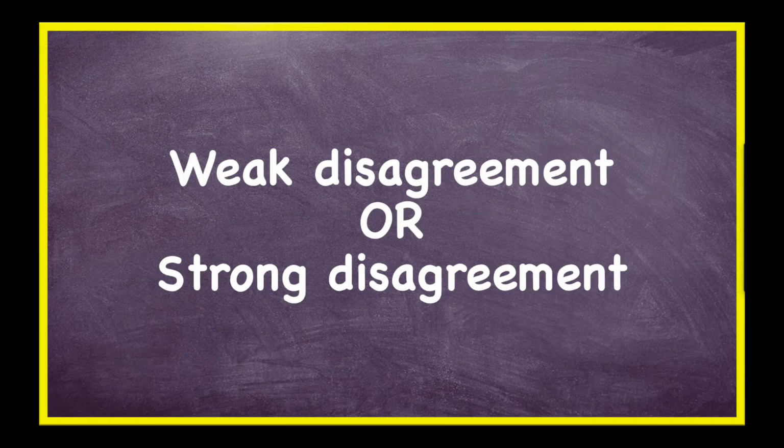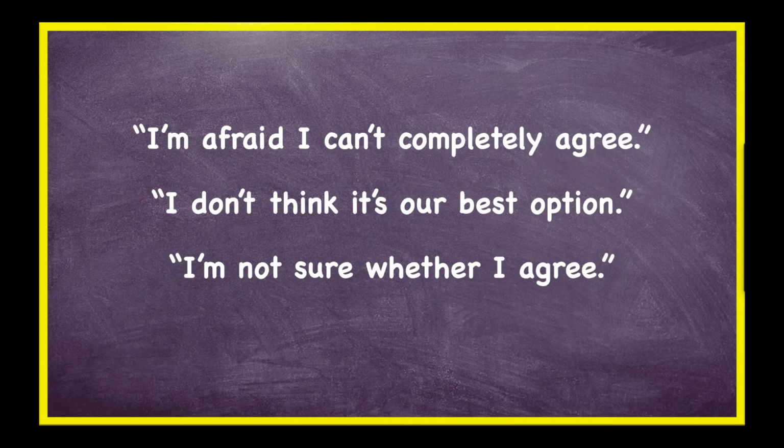Then you need to either show that you're in weak disagreement or strong disagreement. So with weak disagreement, you would say, I'm afraid I can't completely agree. Or, I don't think it's our best option. Or, I'm not sure whether I agree.